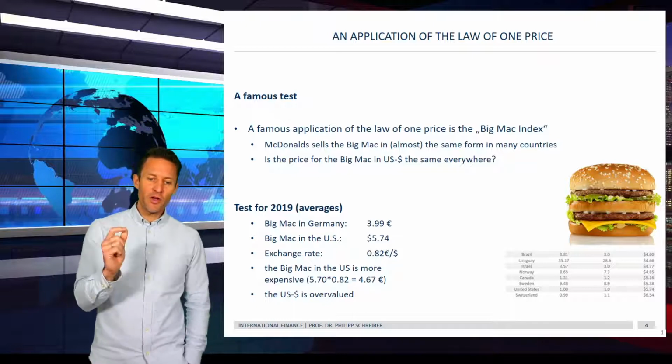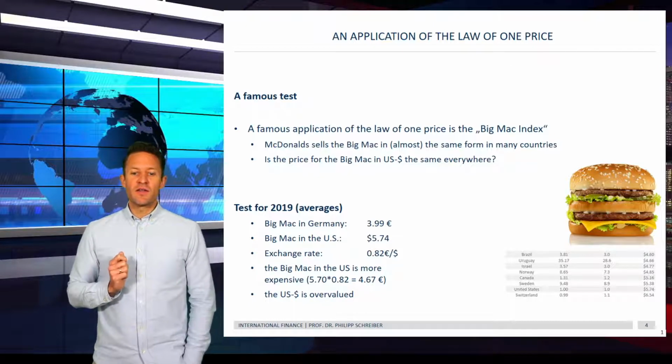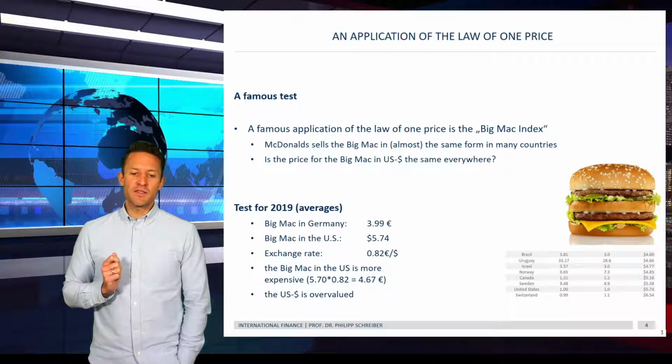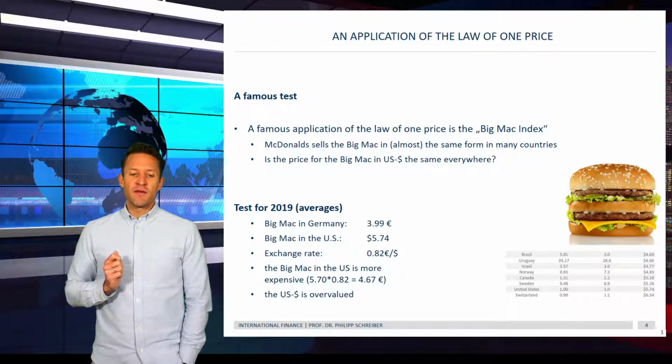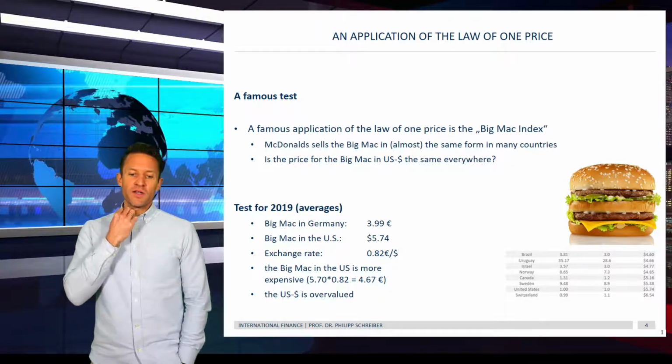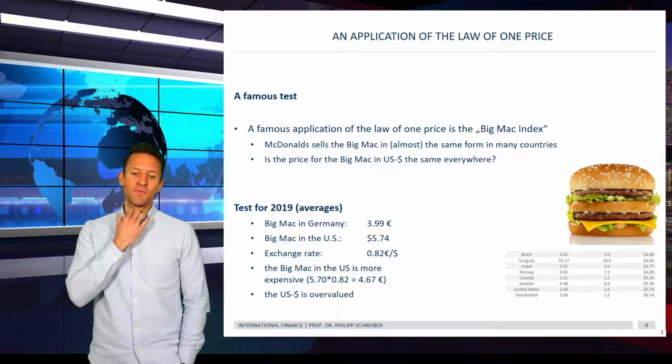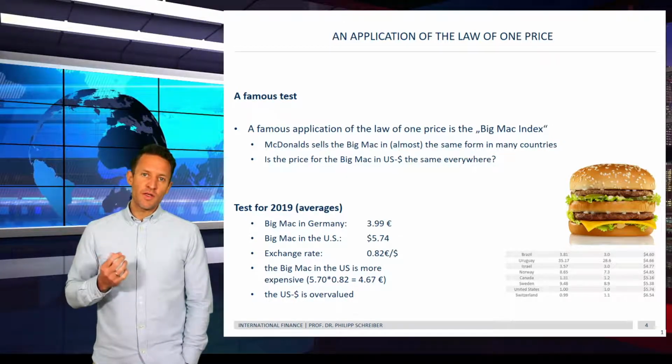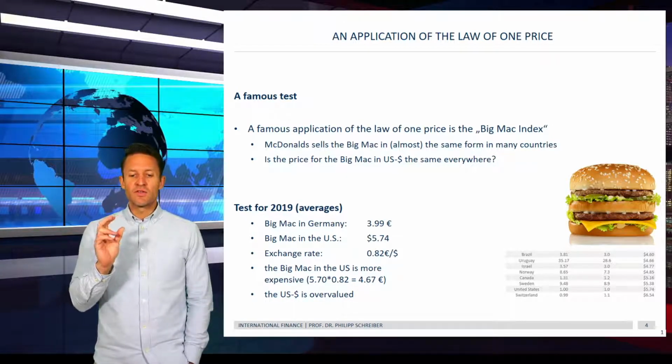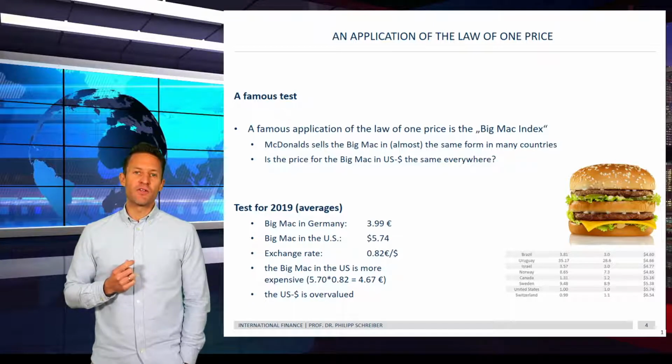If we convert the US dollar price to a euro price, we find that 5.74 US dollars actually translate to 4.67 euros.